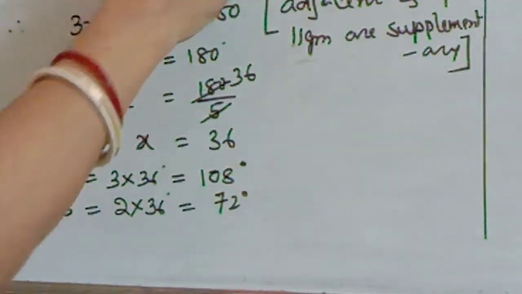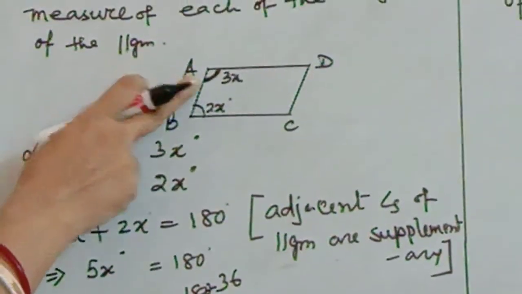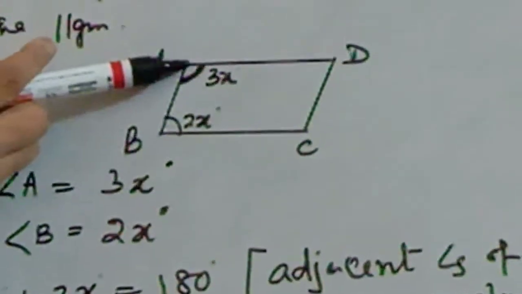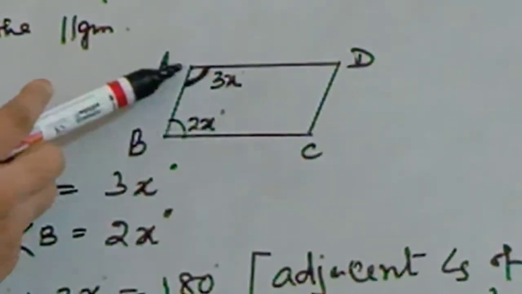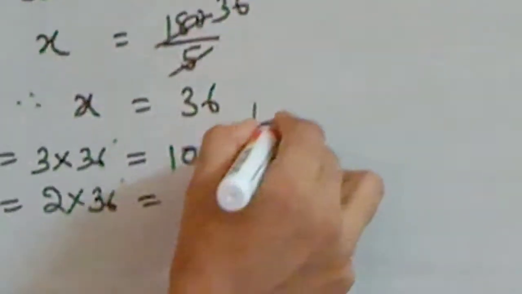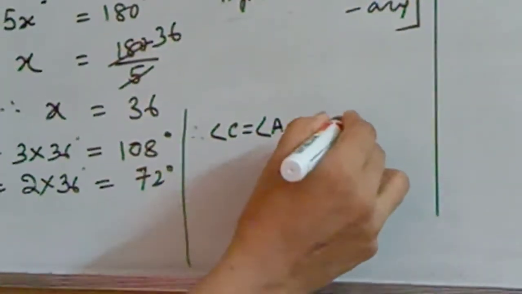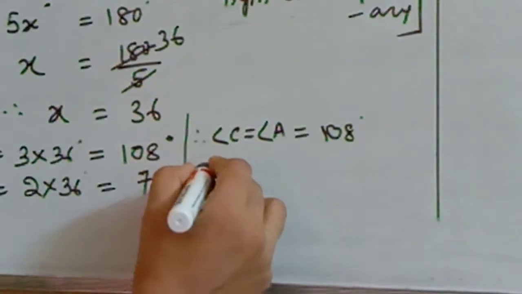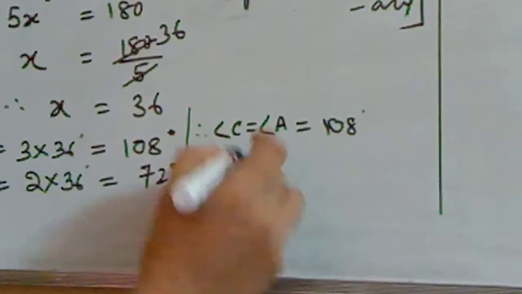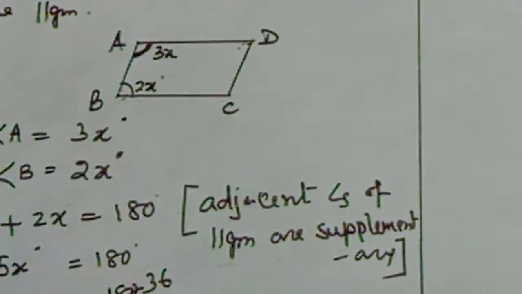Now you have to find all the angles, so whatever the value of angle A will be the angle C, because opposite angles of a parallelogram are equal, so angle A is equal to angle C. Therefore angle C is equal to angle A is equal to 108 degrees, and angle D is equal to angle B, opposite angles of the parallelogram.